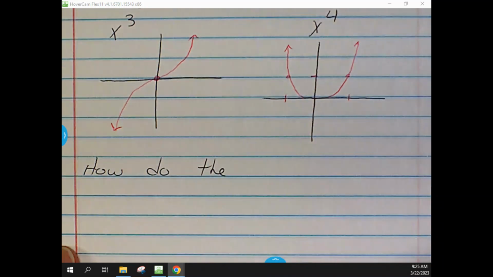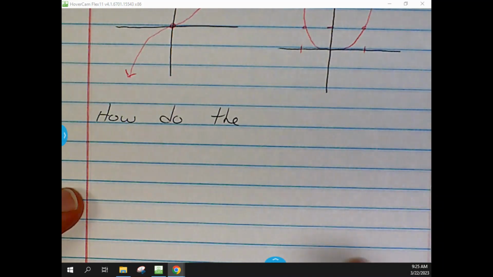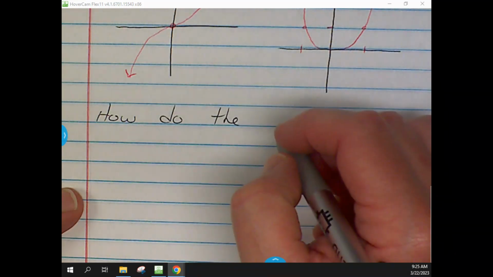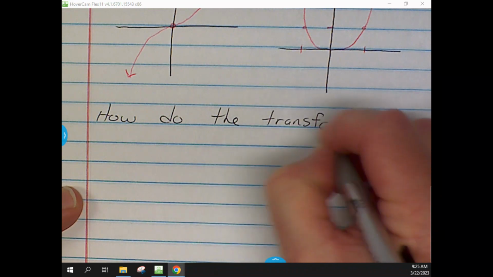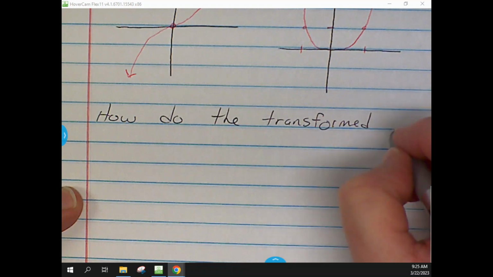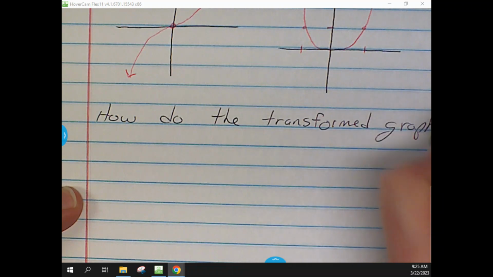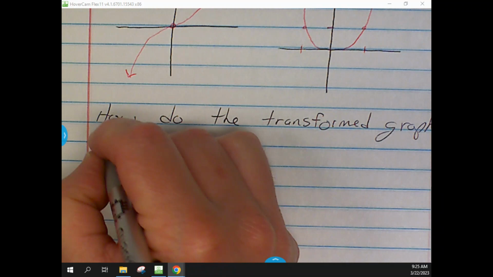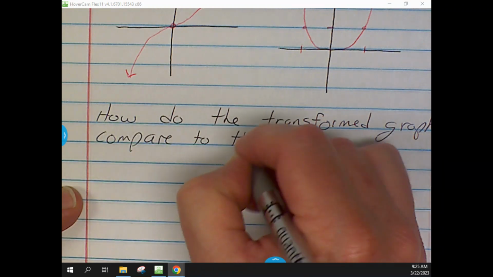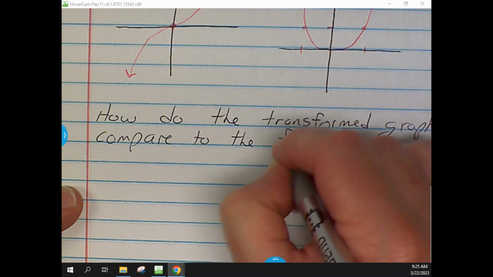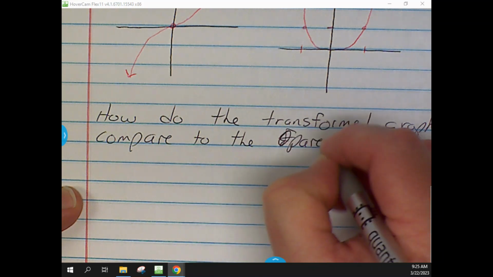So for this one, we may just ask you a couple questions before we do any graphs. I think this is the way they word some of the problems. How do the transformed graphs compare to the parent function?